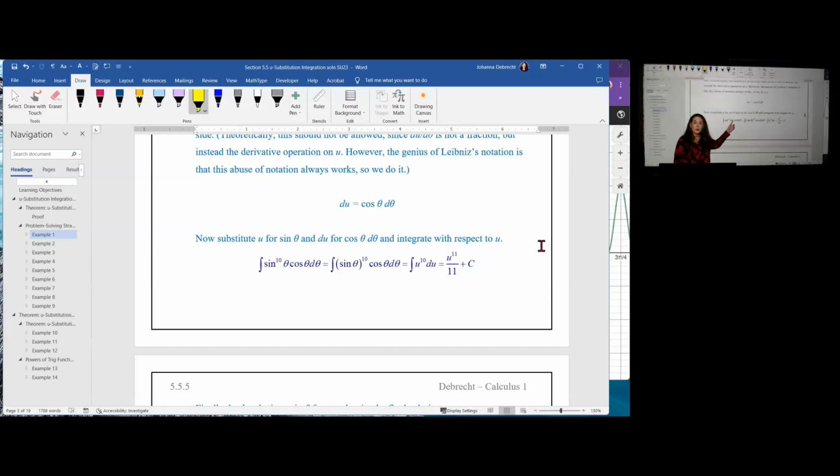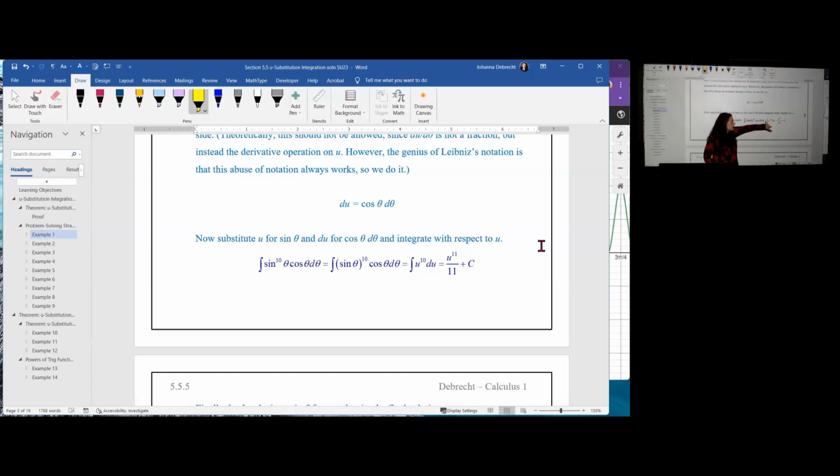Notice that I rewrote the form of the integrand from sine to the 10th of theta to sine of theta to the 10th to make it more obvious what the inside and outside function are. I replaced sine of theta with u to get u to the 10th. I replaced cosine theta d theta, derivative of the inside function times the original differential, with du.